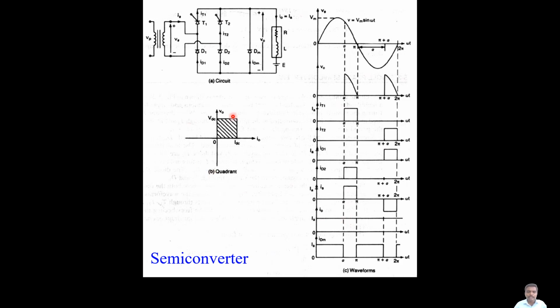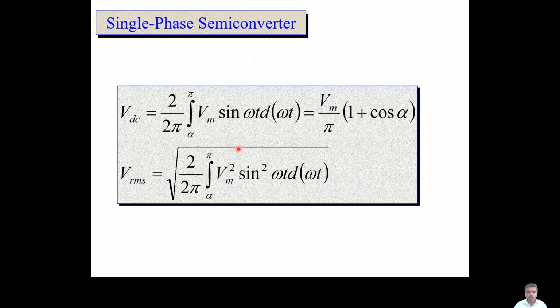The quadrant operation is positive VDC and positive IDC, so it is a single quadrant operation. These are the output equations: Vm by pi into 1 plus cos alpha. My RMS output voltage is the square root of 2 by 2 pi times the integral from alpha to pi of Vm square sin square omega t d omega t.